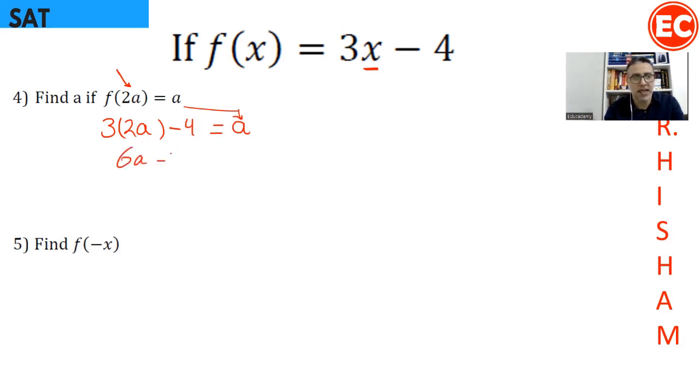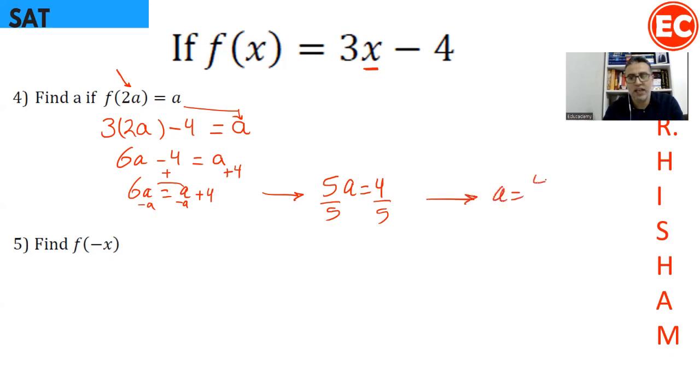So 6a minus 4 is equal to a. By adding 4 to both sides, 6a is equal to a plus 4. And moving a to the other side, or subtracting from both sides, 5a is equal to 4. Dividing both by 5, a is equal to 4 over 5.